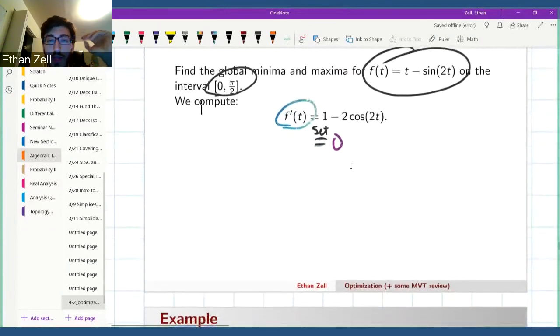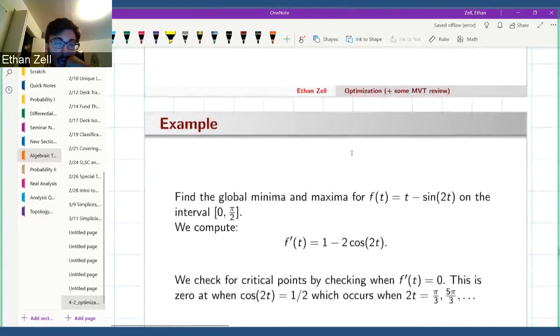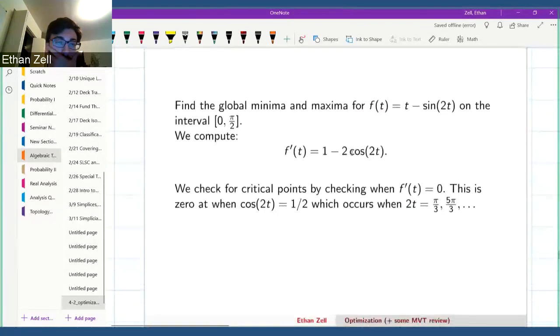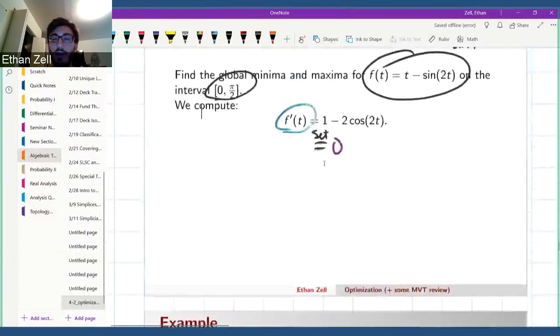So we're looking at points where f prime is 0, and we get a whole list of these points, right? So I can move the -1. I set this equal to 0, so I get -1 is -2 cosine 2t.